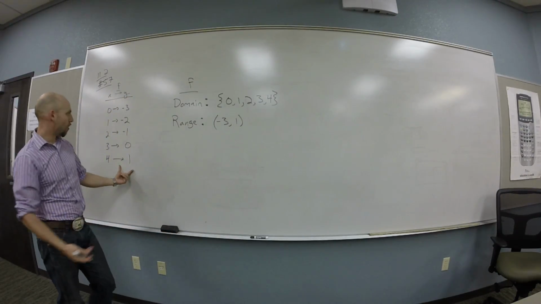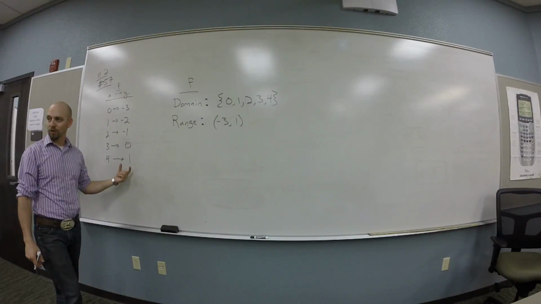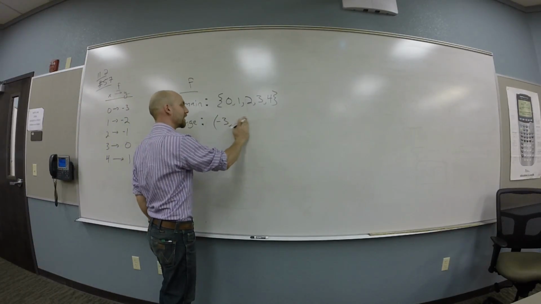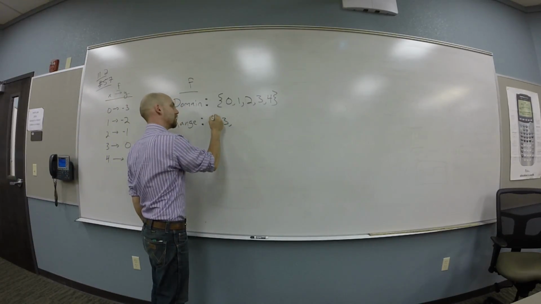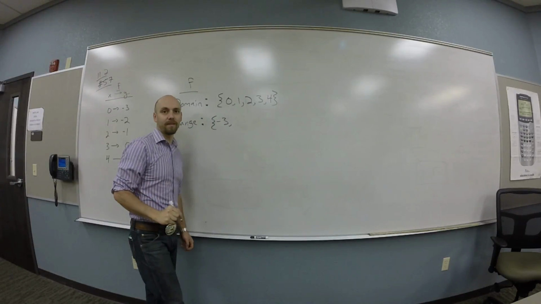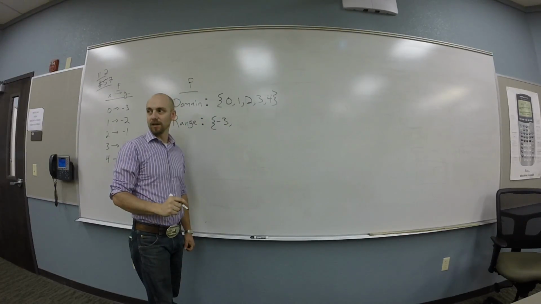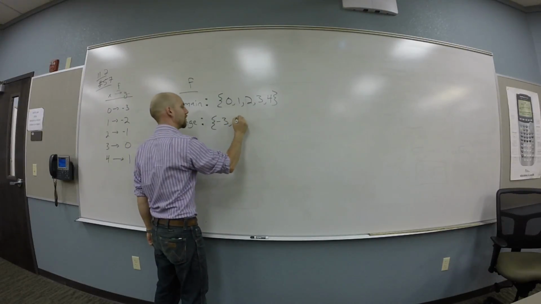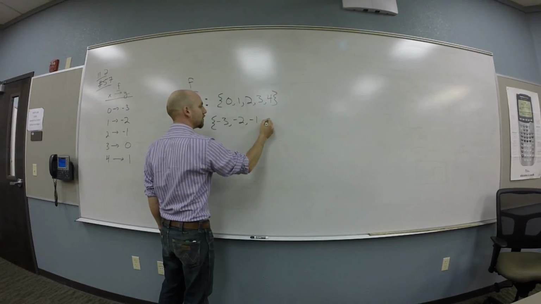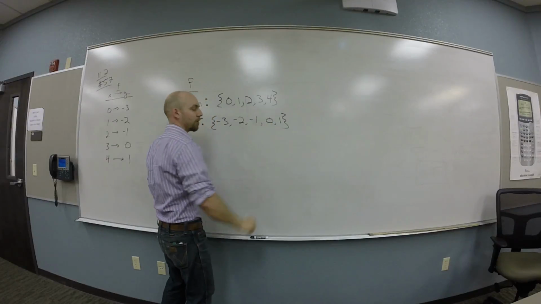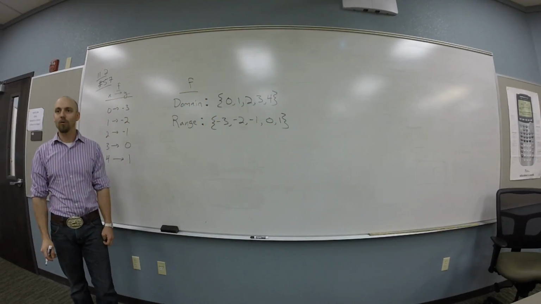But this thing doesn't hit all the numbers between -3 and 1. It only hits the convenient counting numbers. So again, this is a list, and it's -3, -2, -1, 0, and 1. Remember, the range is the outputs.